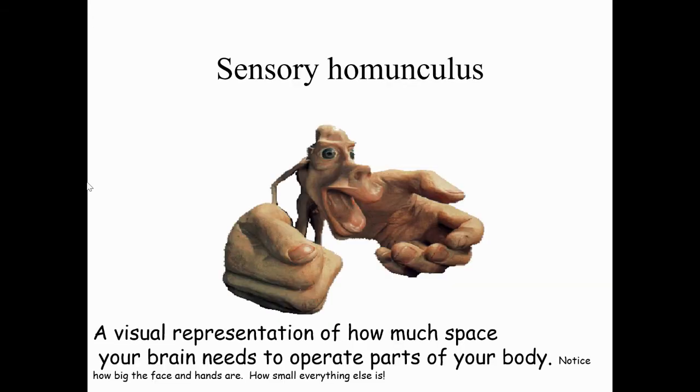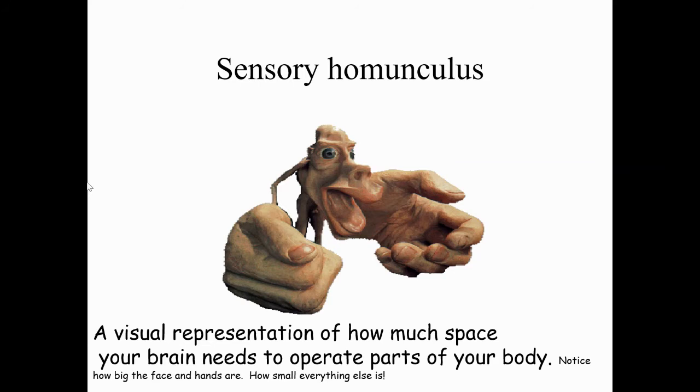Now, I don't think I've ever seen this on the AP exam, but it's really interesting. This is called the homunculus. A homunculus is a work of art that illustrates how much space your brain dedicates to different parts of your body.